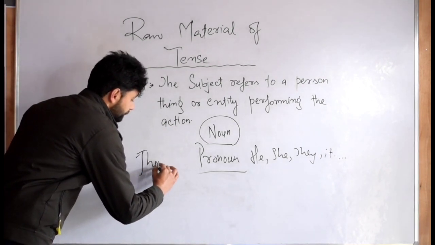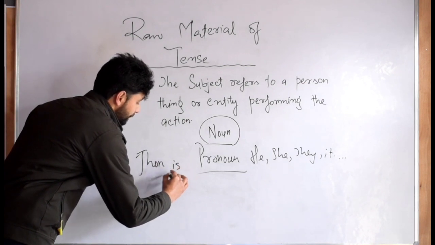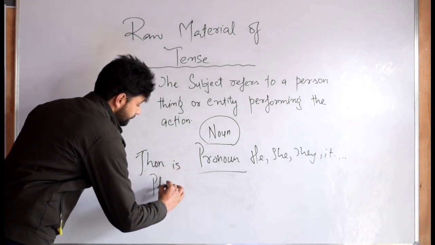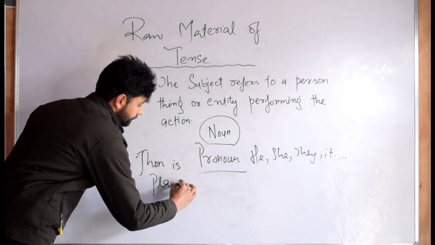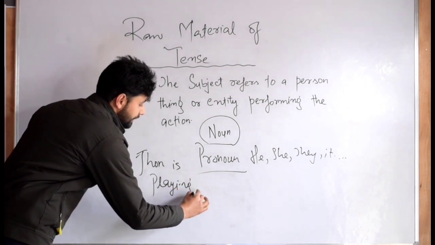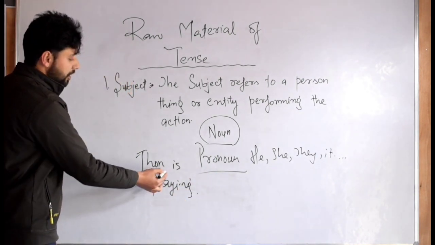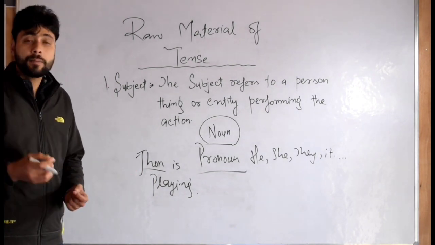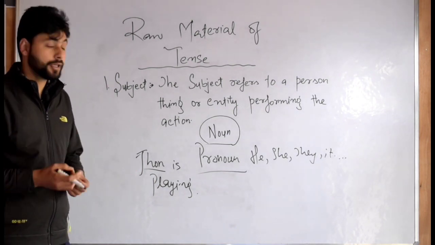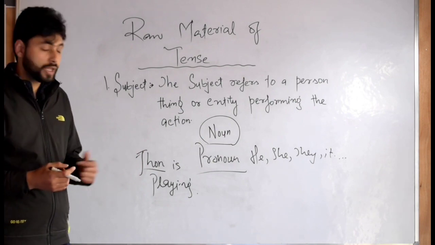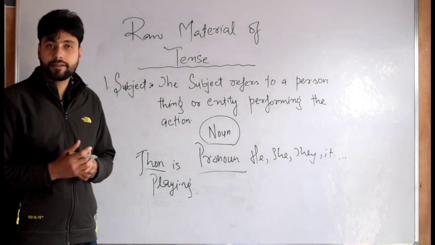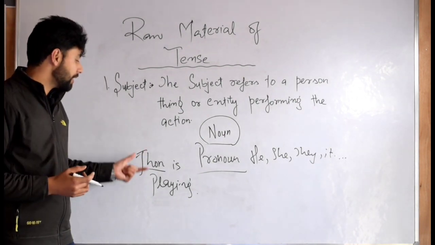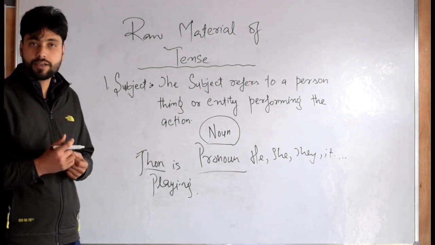John is playing. So here the subject is John. Why is John subject here? Because he is performing an action. He is actually playing. So that is why John becomes subject here.